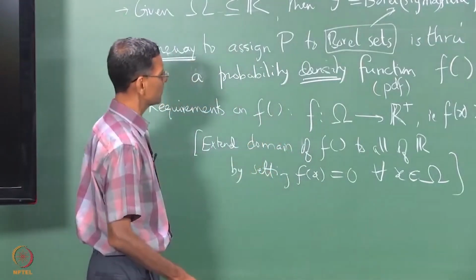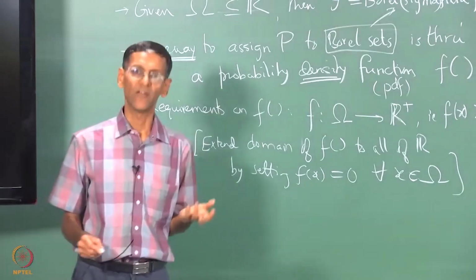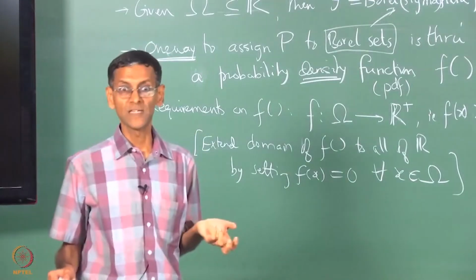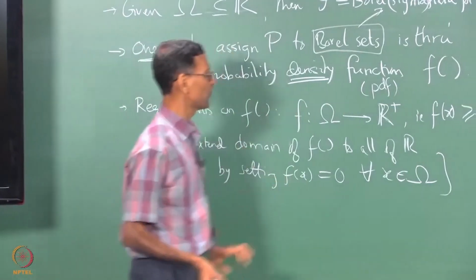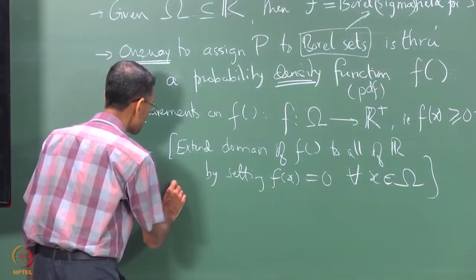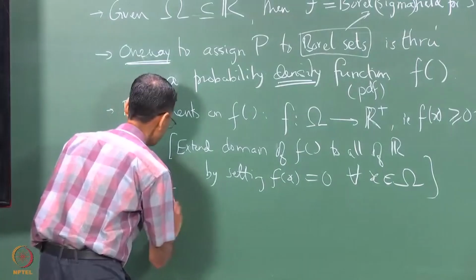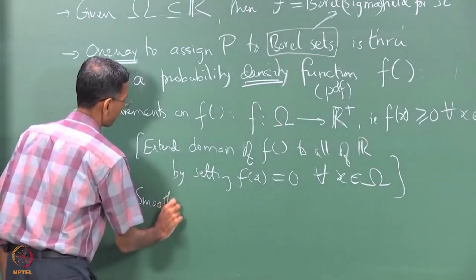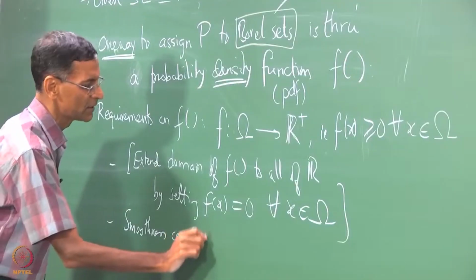Okay, so having taken care of this, we also want some smoothness constraint on f. We do not want it to arbitrarily jump around. So how do we impose a smoothness constraint on f? Before that, let me say the smoothness constraint is necessary so that it becomes integrable. This I did not say yesterday, I will put it here even before the integrable condition.